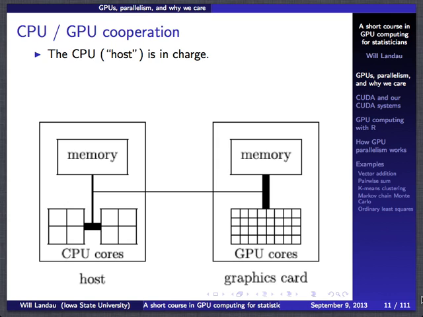But these thinner lines mean that the communication between the CPU cores and on-chip memory is slower in a CPU, and the communication between CPU and GPU is very slow. That's one of the reasons why if you start a program on the GPU, it may take a while to initialize, and it may take a while to write everything to the GPU. So that's one of the limitations of GPU computing for big data. If you want to write all your data to the GPU, it's going to take a lot of time.